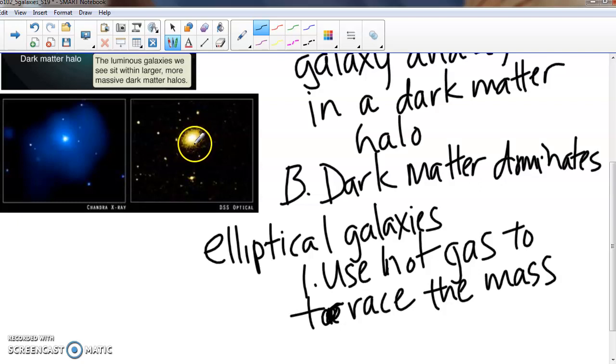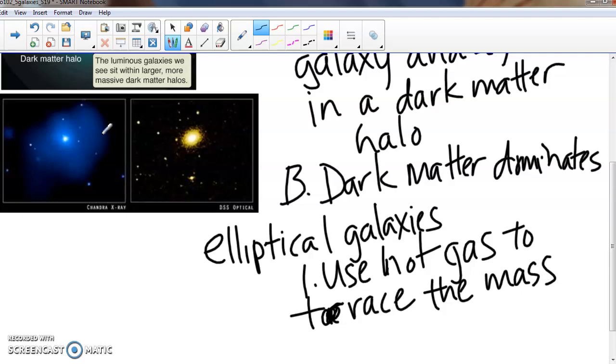And then we look at it in X-ray, in hot gas, and this is what we see. We see there's hot gas way out here in the halo. We can't see stars out there. It's not luminous matter. It's dark matter that's holding that gas in. If there weren't matter there, if there wasn't gravity there, then that gas could not be there either.